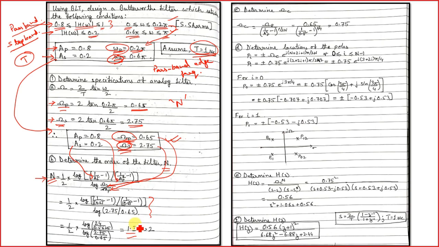Okay, it has to be a whole number. Okay, so if I take order of the filter as 1, it will not work, because over here it is showing that it has to be 1.3. So the minimum value should be 1.3. So whatever the value you get, you have to take the ceiling value.